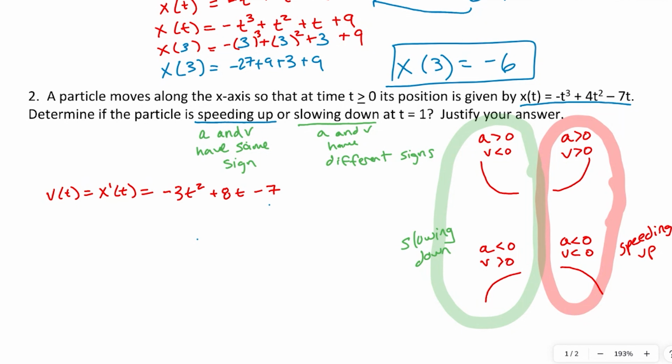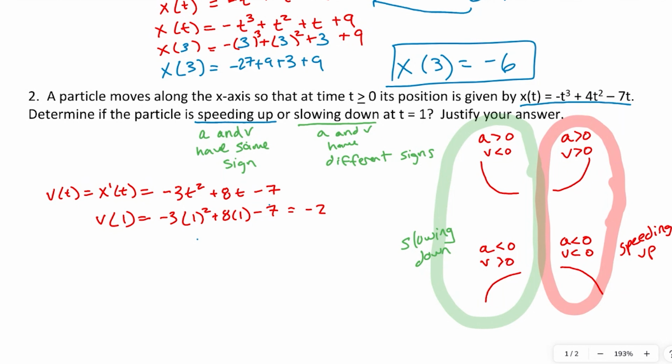And I'm going to evaluate that velocity at t equals 1. So negative 3 times 1 squared plus 8 times 1 minus 7. Negative 3 plus 8 would be 5, minus 7 is negative 2. So the velocity at time 1 is negative.